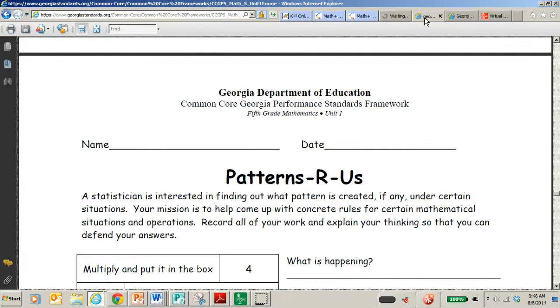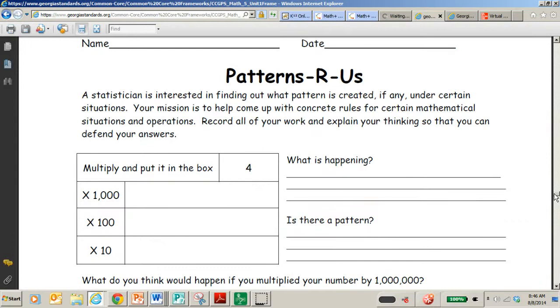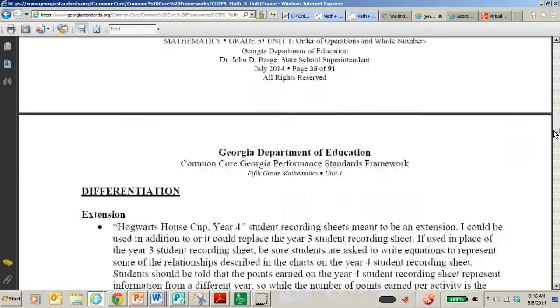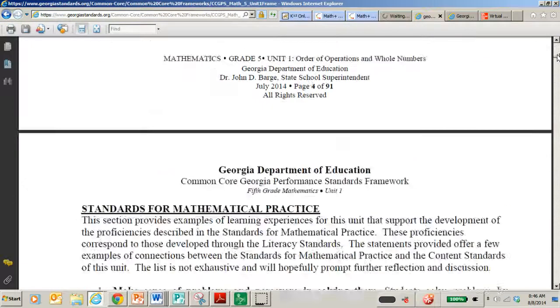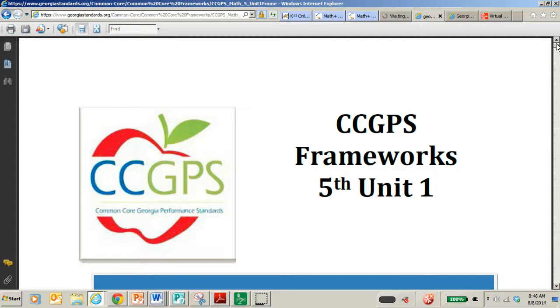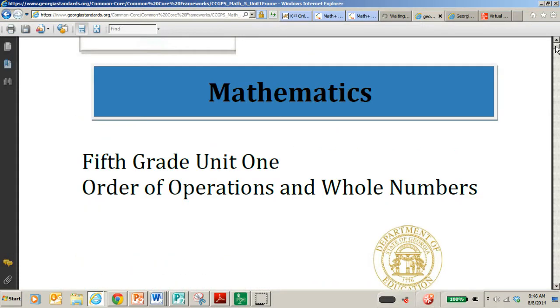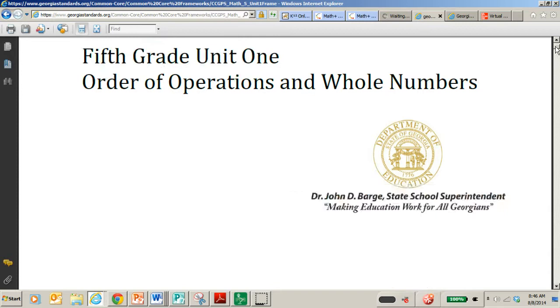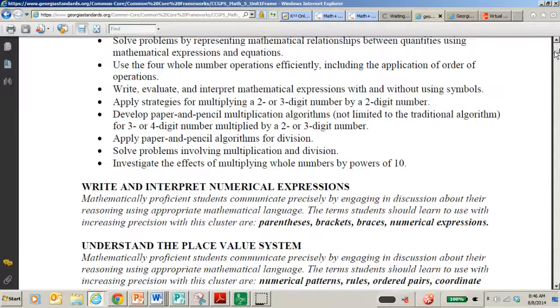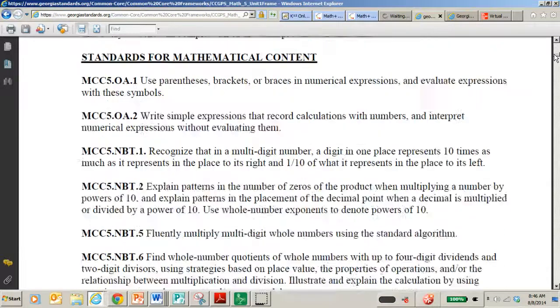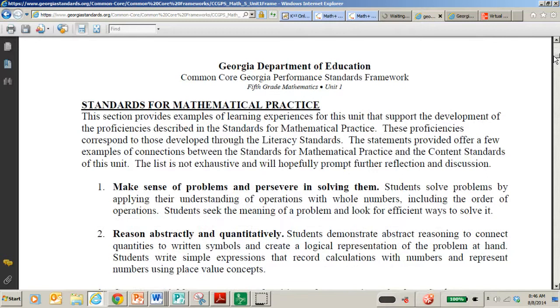This website is the Georgia Department of Education. Now, I have scrolled down to Patterns Are Us, but in this document, I'm going to go back to the very beginning. In this document, it has lots and lots of activities, and this is just Unit 1 from the Georgia Department of Education, but it has, again, lots of information for teachers and parents.